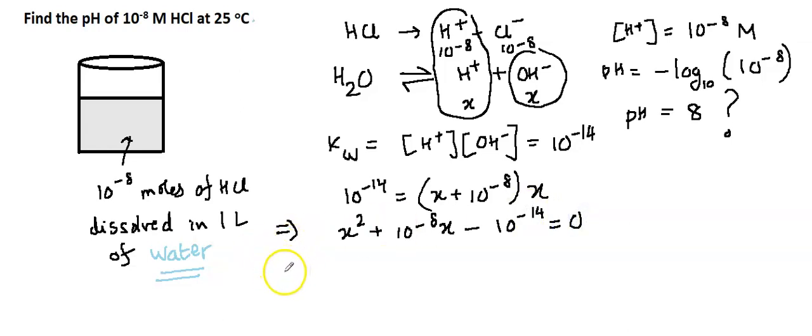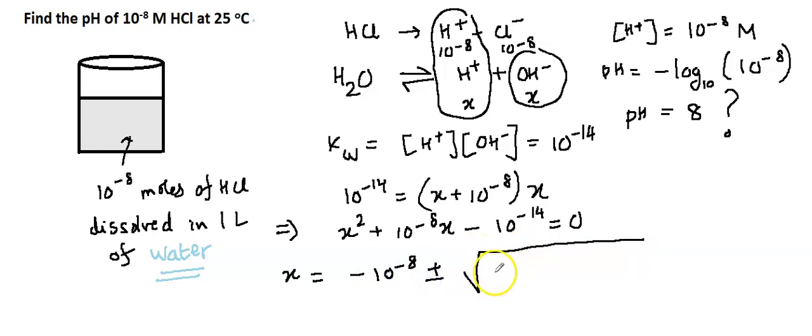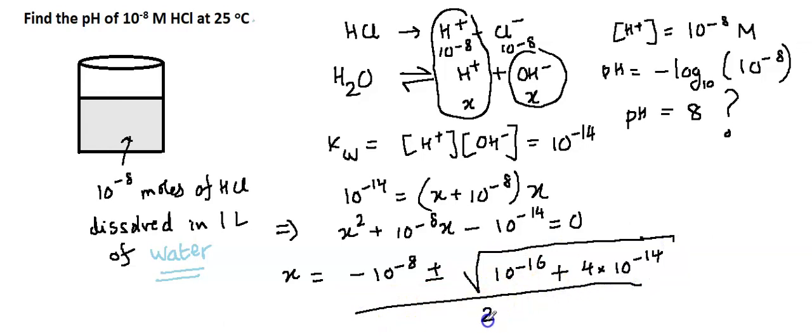So let's try to solve this. X is minus b plus or minus square root of b squared minus 4ac, by 2a.